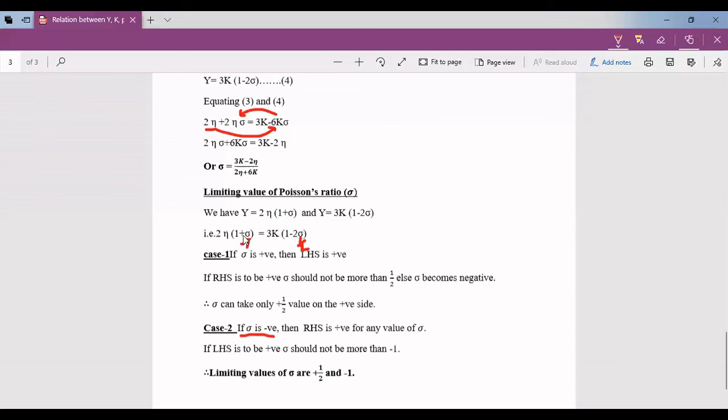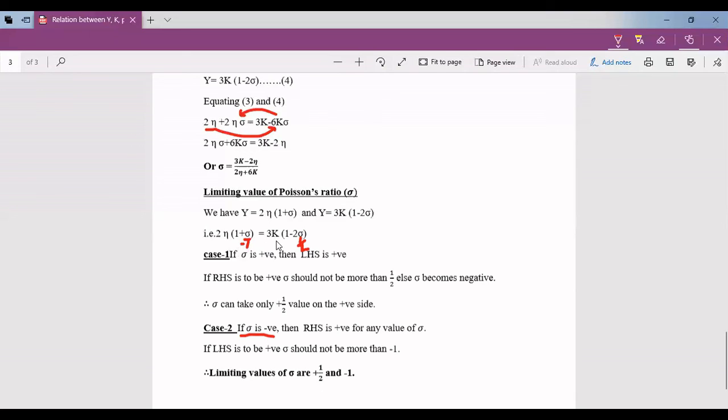If I take more than that, let me take minus 2. If you substitute minus 2 in place of sigma in the left side of the equation, 1 minus 2 will be minus 1, so the left side equation will become negative.